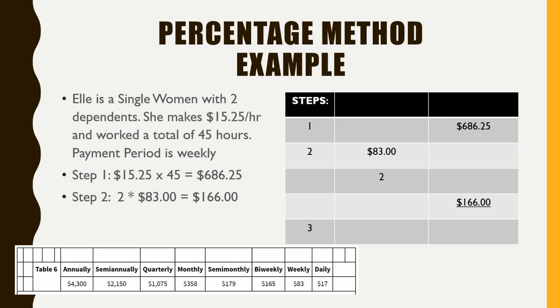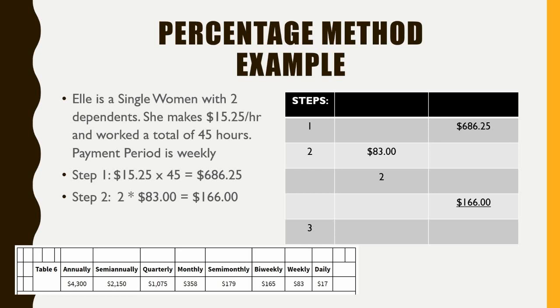And we know that because it's based on a weekly payroll, we're going to find weekly. So we know that one withholding is going to cost me $83. Okay? And because I am claiming 2 withholdings, I'm going to multiply these 2 together to get a grand total of my $166.